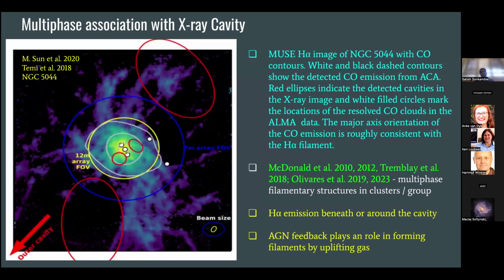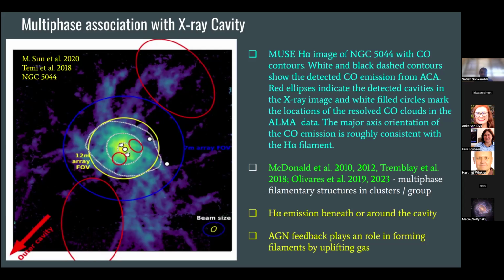The next is multi-phase association with X-ray cavities. In the group NGC 5044, it shows very cold H-alpha filaments of temperature 10 to the power 4 Kelvin. They also put the cavity locations over this image, and they said that the H-alpha emission is beneath or around the cavity.